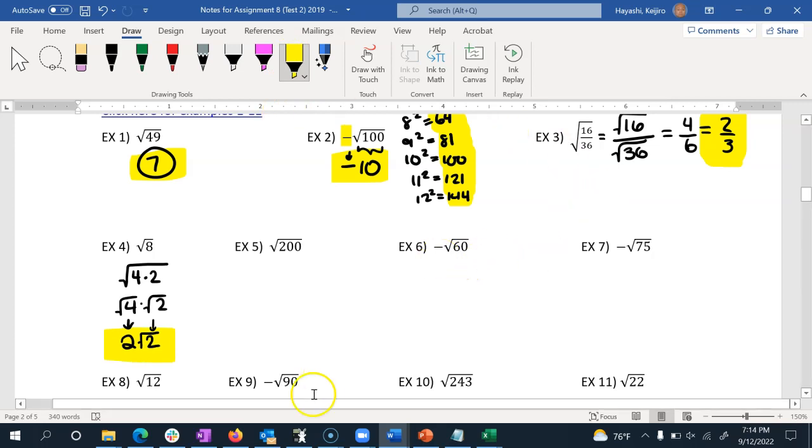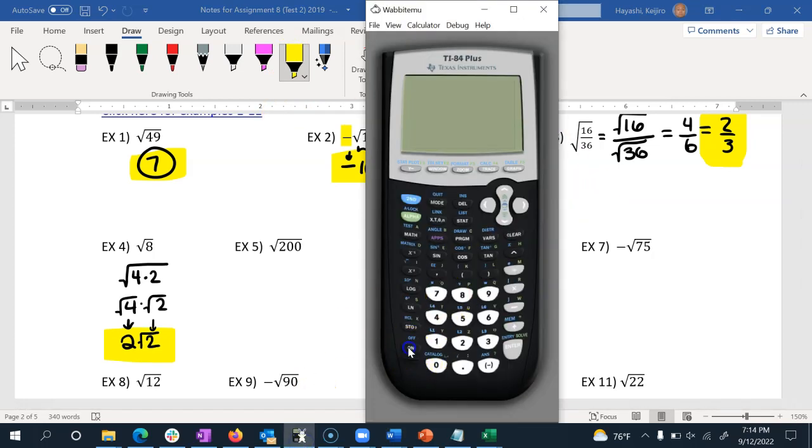And if you actually go to your calculator and type in the square root of 8, and then type in 2 square roots of 2, you'll find that they're the same thing. They're just two ways of writing the same numerical value.